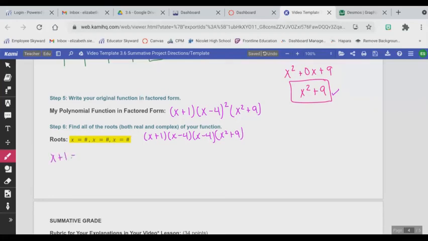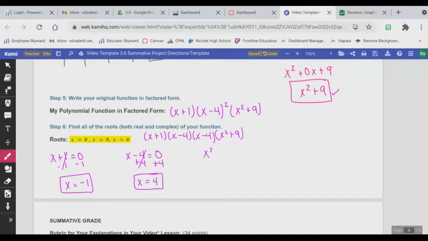So x plus 1 equals 0. Subtract, and I have a root at x equaling negative 1. X minus 4 equaling 0. I'm going to have a root at x equaling 4. I'm not going to do it again because I know it's going to just be 4 again. I already know that it has a multiplicity of 2 or a double root. We already talked about that. So I know 4 is a root.